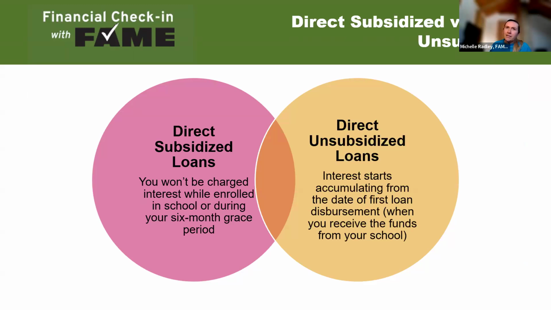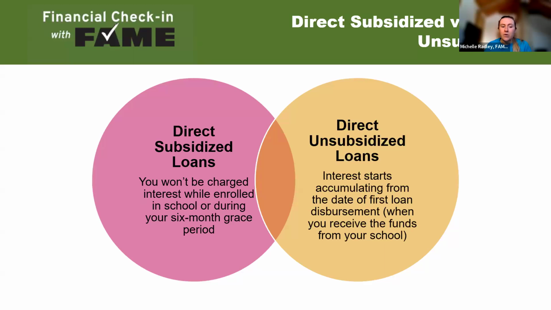You'll see it's broken up into two different loans. You might have noticed that on the comparing aid offer portion, but you'll see direct subsidized as well as direct unsubsidized loans. The major difference between them is the way that interest accrues.